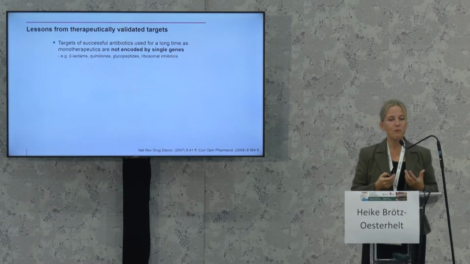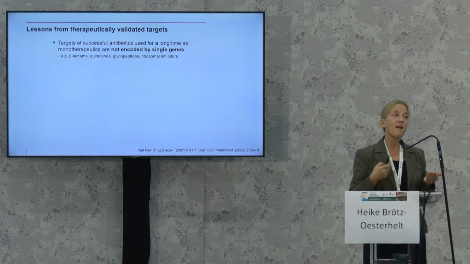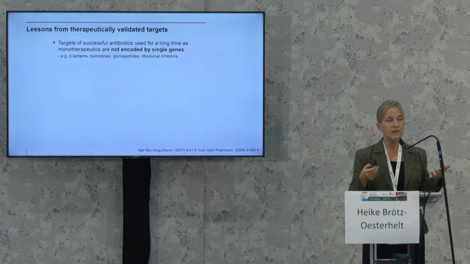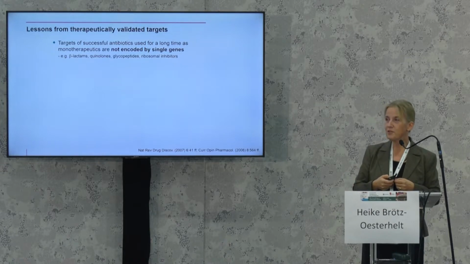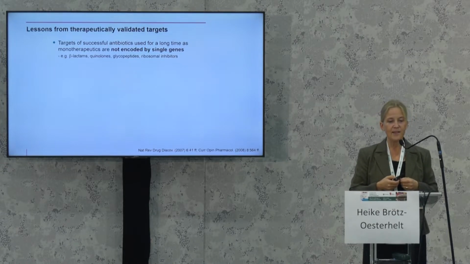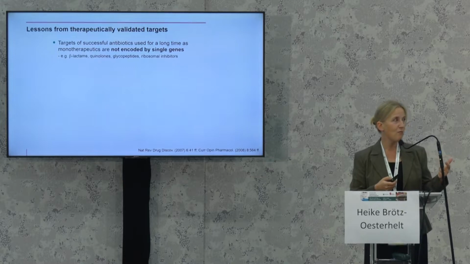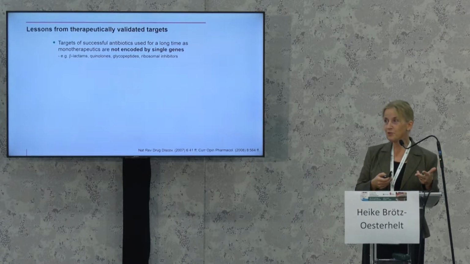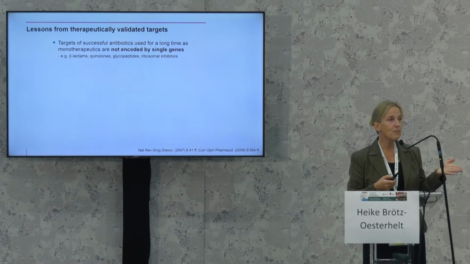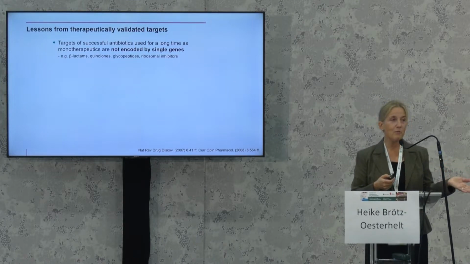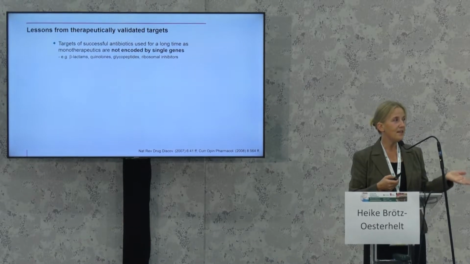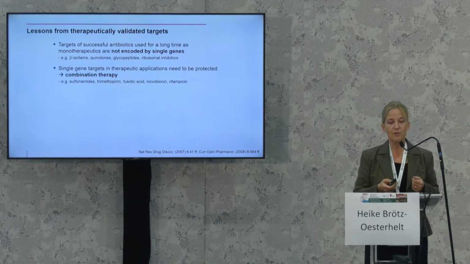Lessons learned from therapeutically validated targets. As I said, targets of successful antibiotics that are used for a long time in broad spectrum systemic therapy are not encoded by single genes. For instance, beta-lactams bind more than one penicillin binding protein, quinolones two topoisomerases, glycopeptides, it's not a protein at all, it's a peptidoglycan precursor. Ribosomal inhibitors, as I said, bind to the RNA within the ribosome.